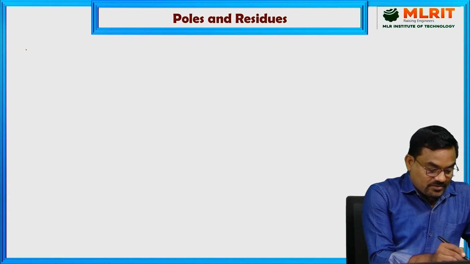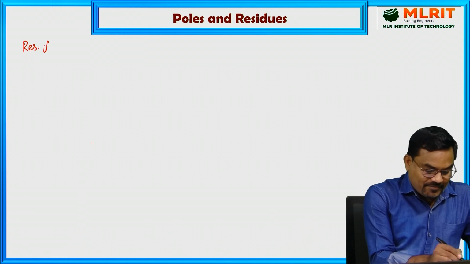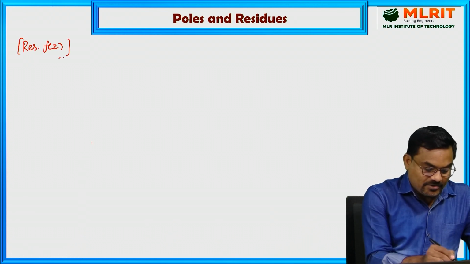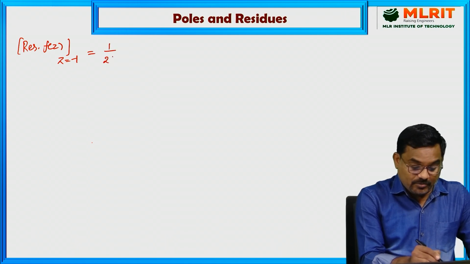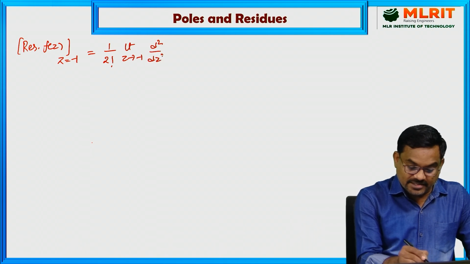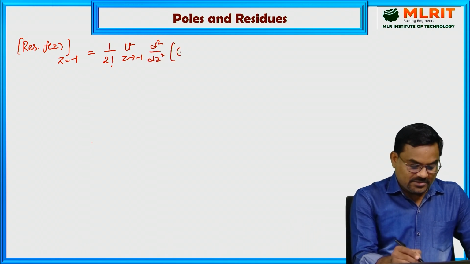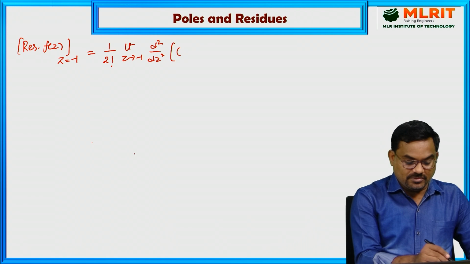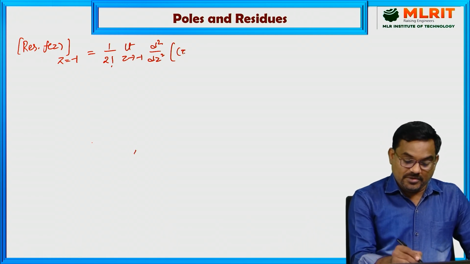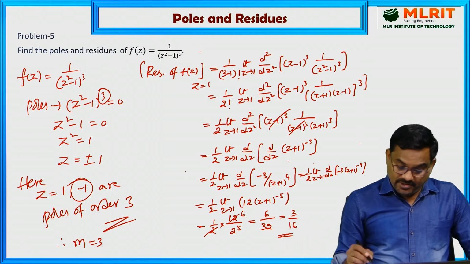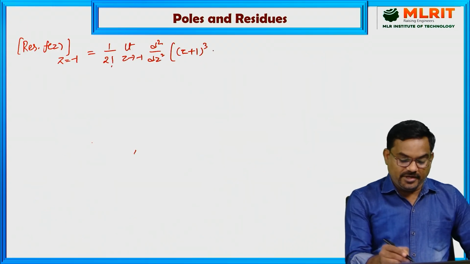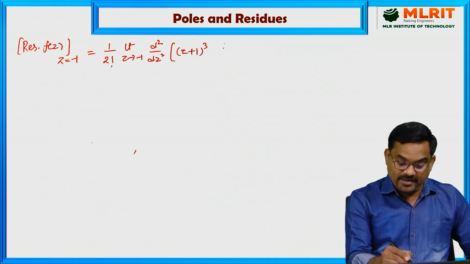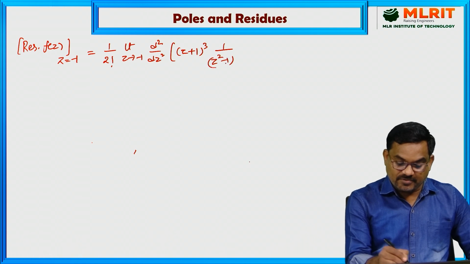Now, the residue of f of z at z equal to minus 1 is 1 by 2 factorial limit z tends to minus 1 d square by dz square of, now z equal to minus 1 is the pole, so (z plus 1) whole cube into the function, 1 by (z square minus 1) whole cube.